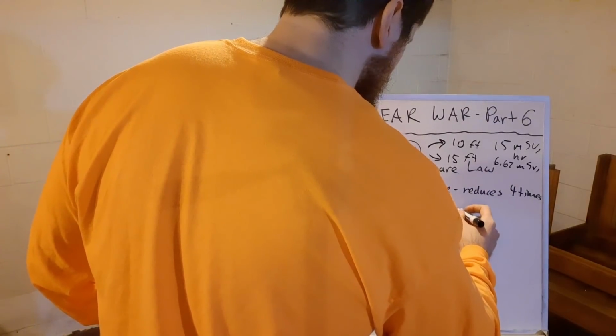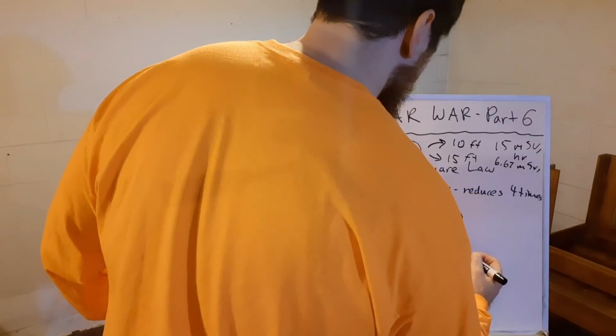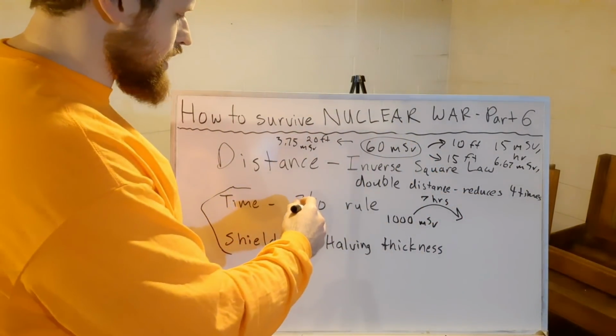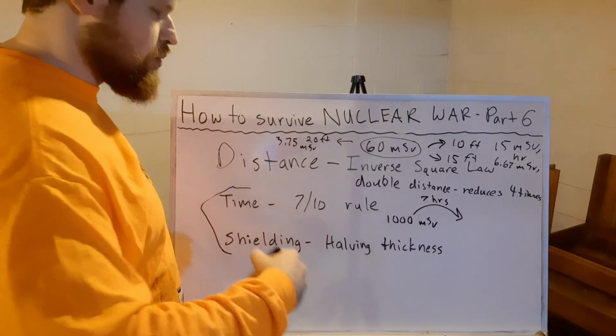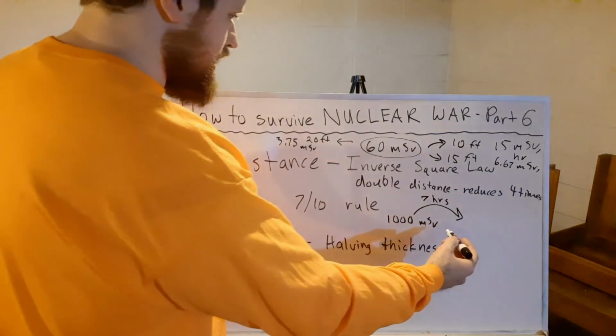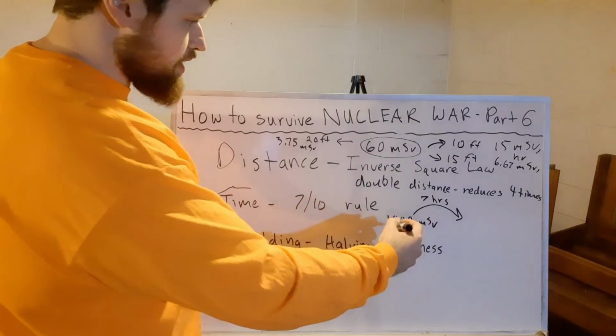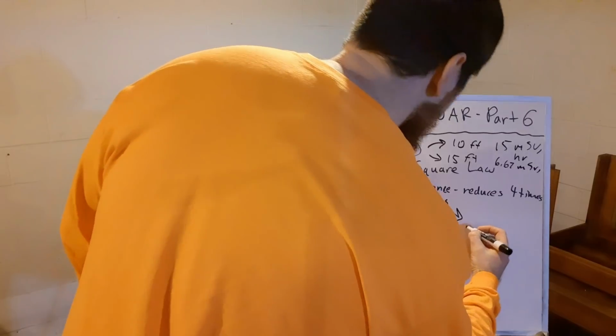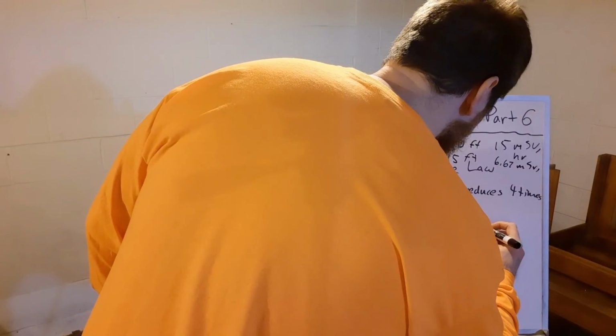Okay, 7 hours from now, we're going to have 10 times less. The radiation is going to decay by a factor of 10 because we went forward by a factor of 7 in time. We went forward 7 hours, so now after 7 hours, we're only going to have 100 millisieverts per hour.